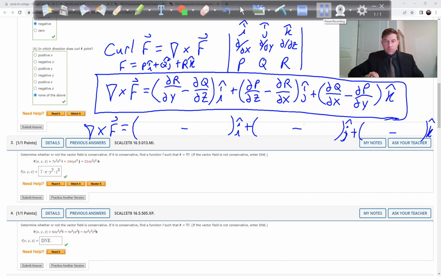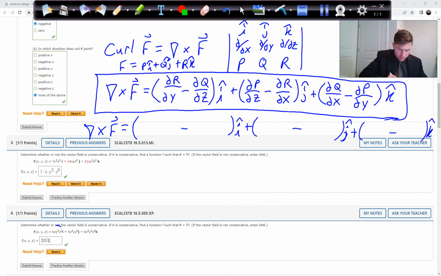Okay, problem 4 is really similar, so I'm going to keep this up here. And we're going to call this term P, and this term Q, and this term R. So we have the partial R partial y, so it would be 12x squared yz squared, minus partial Q partial z.